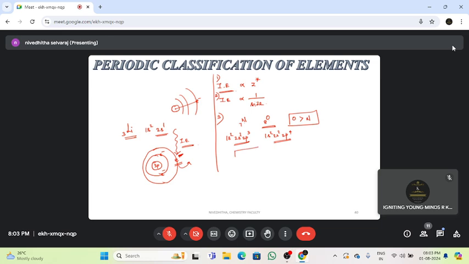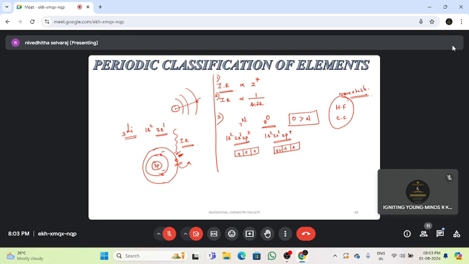What is the 2p3 configuration? It is a half-filled configuration, right? As far as oxygen is concerned, it is 2p4, just a partially filled configuration. There is a hell of a lot of difference between a partially filled configuration and a half-filled configuration, right? Half-filled and completely filled configurations are more stable than partially filled configurations, because of more exchange energy, right?